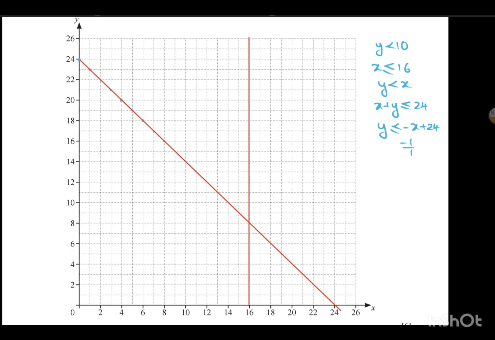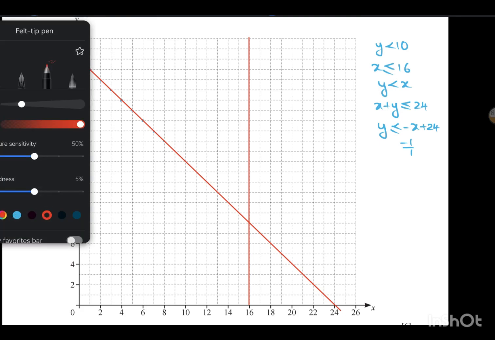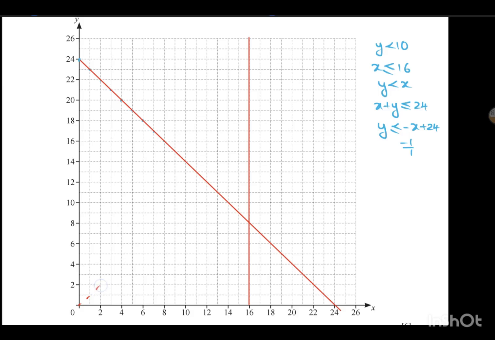Sorry, not equal to, only less than. So y less than x will be just the dotted line passing through the origin. This is the dotted line. Then next y less than 10 also will be a dotted line.